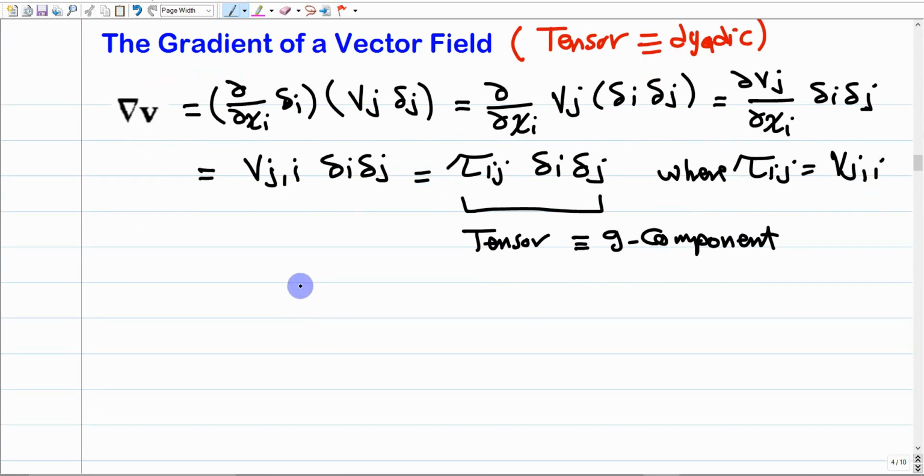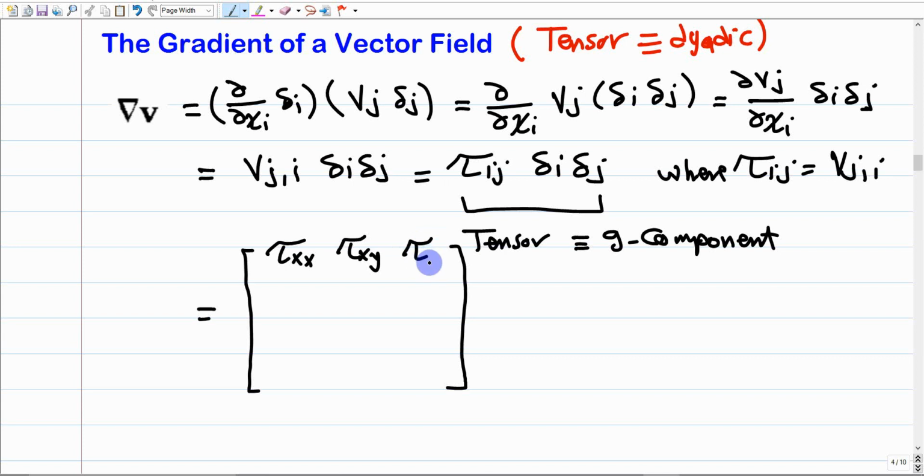If you decide to write this tensor in the tensorial form, we used to write tau xx, tau xy, and tau xz. This is the row x, and this is the column x, y, and z.